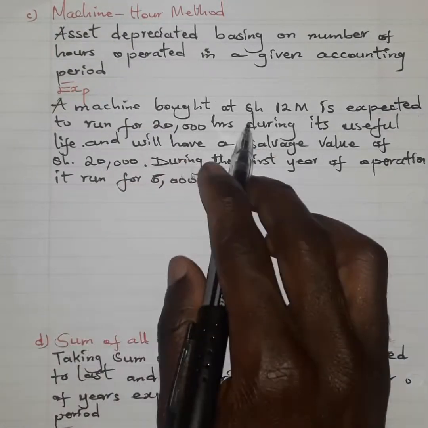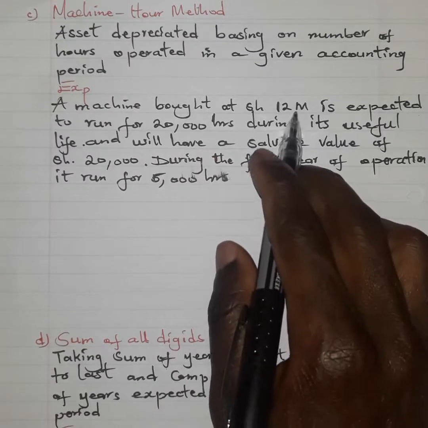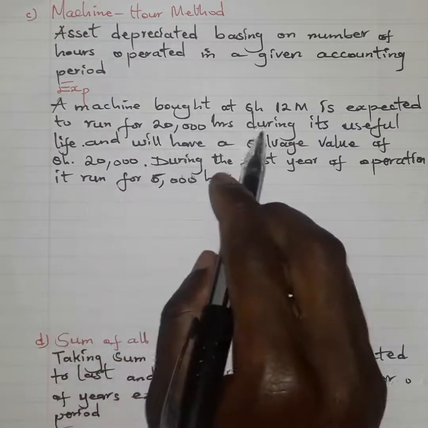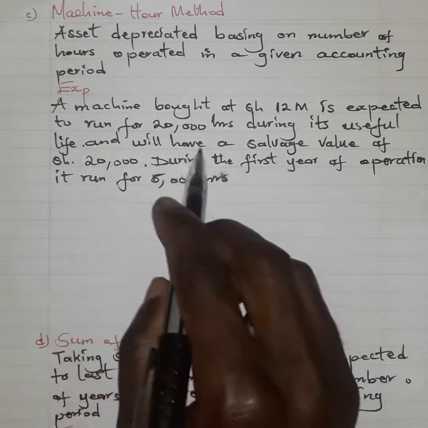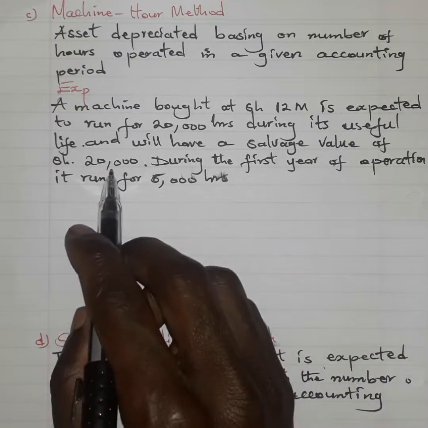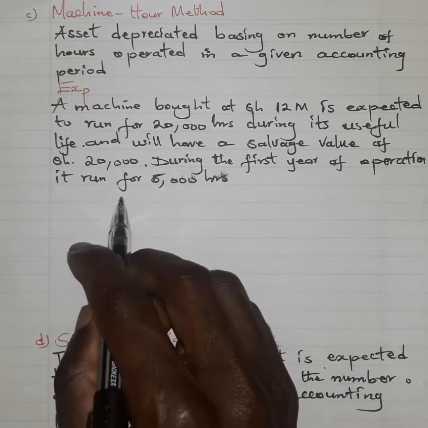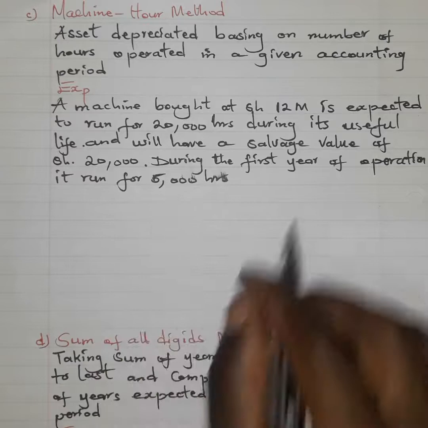A machine bought at 12 million is expected to run for 20,000 hours during its useful life, and will have a salvage value of 20,000. During the first year of operation, it ran for 5,000 hours.